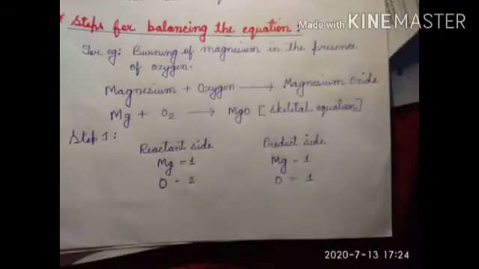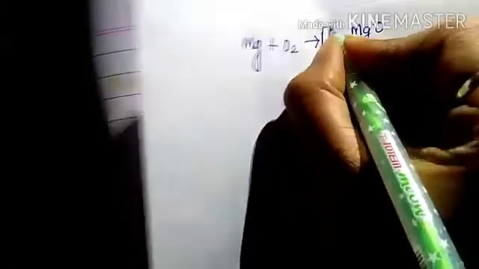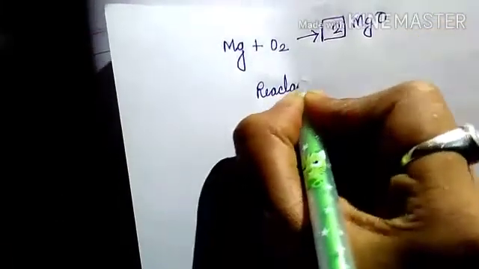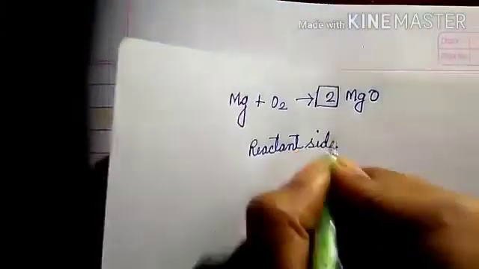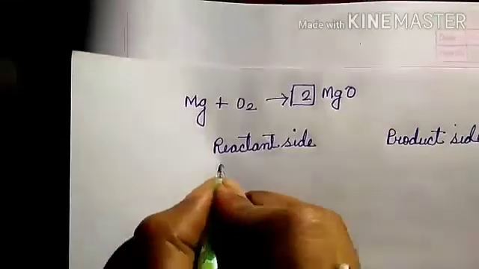Now we go to step 2. In step 2, we will multiply the product side by 2 because there are 2 atoms of oxygen present in the reactant side. Now we have the number of atoms of each element on the reactant side and the product side.